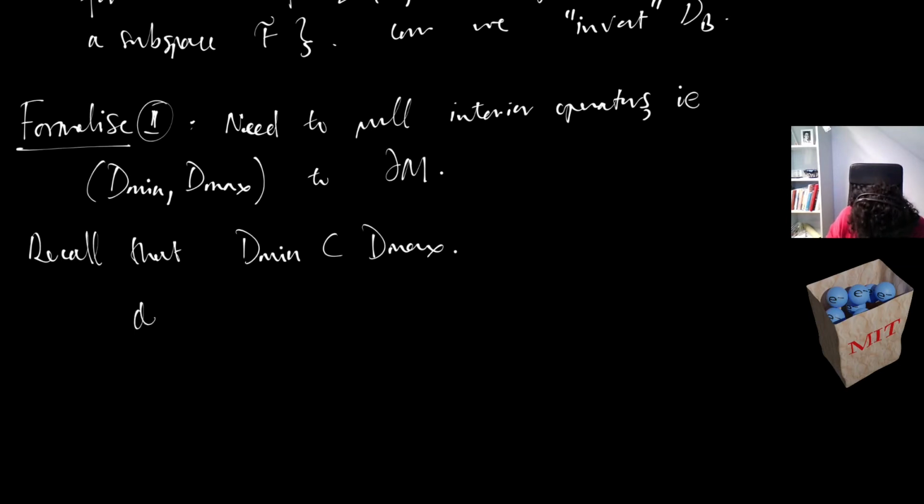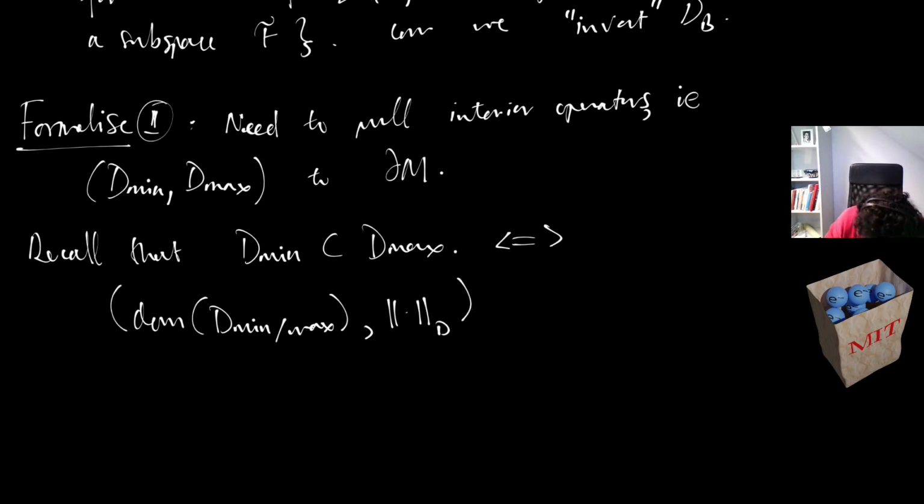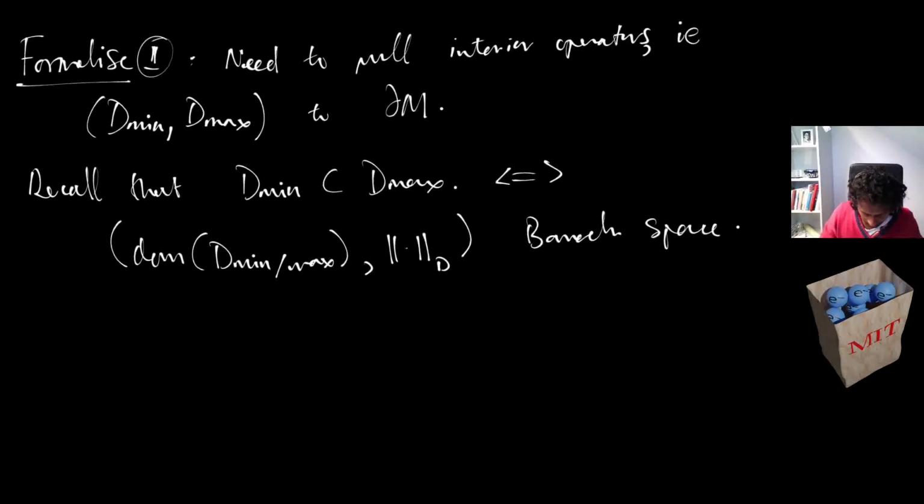So equivalently, we can look at the domain of either Dmin or Dmax with respect to the induced operator norm. So this is a Banach space. This is a very important point that I really want to emphasize. These are Banach spaces.